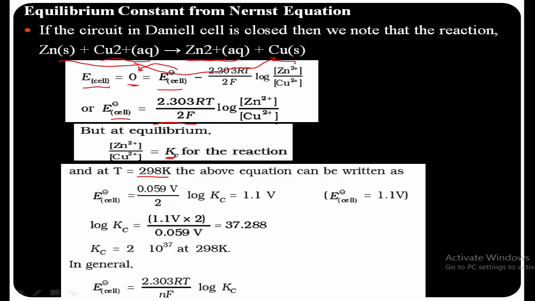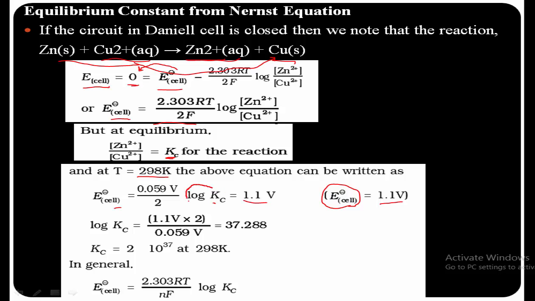So what it gives is 0.059 V divided by 2, log Kc, the equilibrium constant, is equal to 1.1 volt, because we know that the standard electrode potential obtained for the Daniell cell is 1.1 volt. So E0 cell is 1.1 volt.